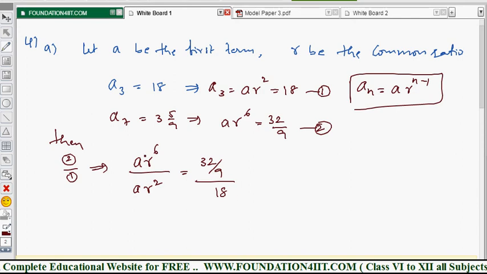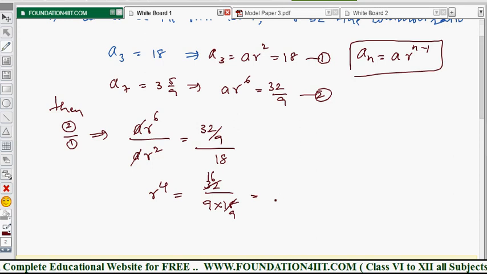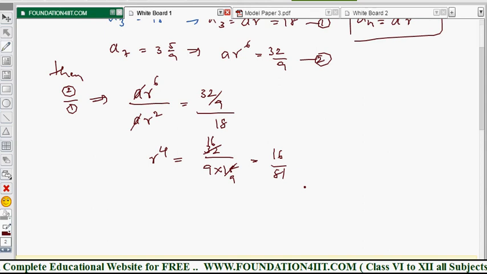If you simplify, you can cancel the A value, R power 6 by R power 2 is R to the power 4, and 32 by 9 into 18 simplifies, you can cancel, and we get 16 by 81. So R to the power 4 is 16 by 81.